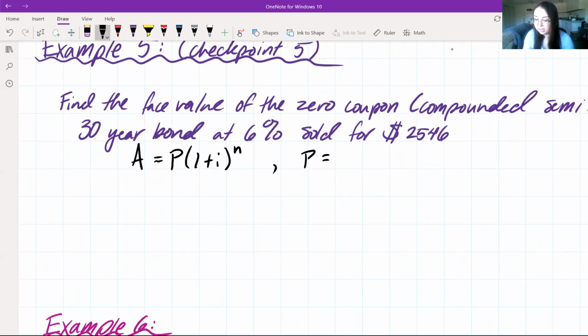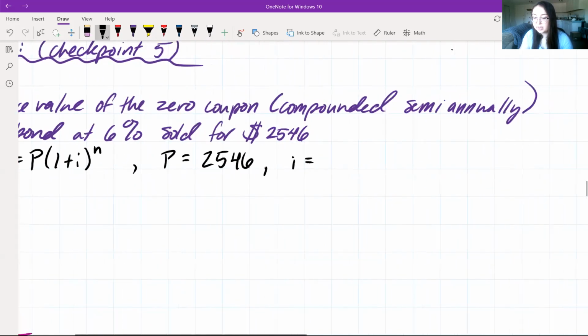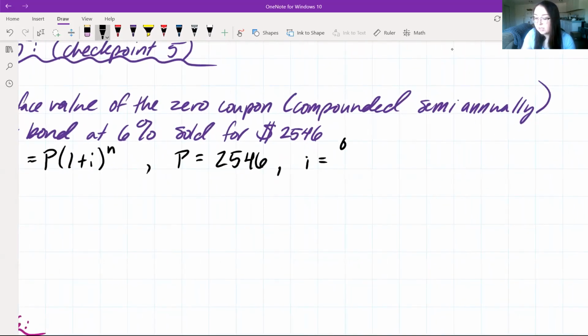And we have that P is going to be equal to $2,546. We have that I, since it's going to be 6% semi-annually, is 0.06 divided by 2.